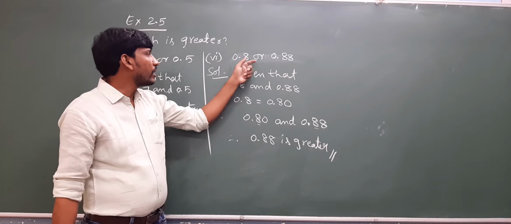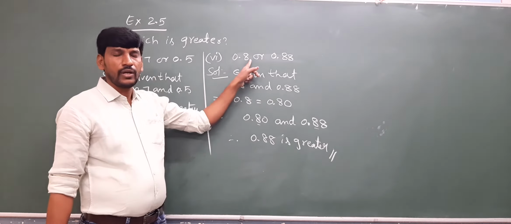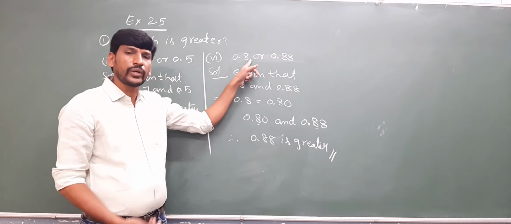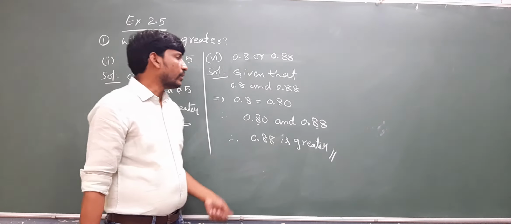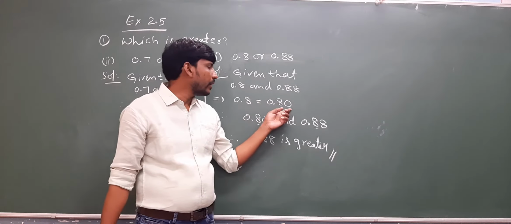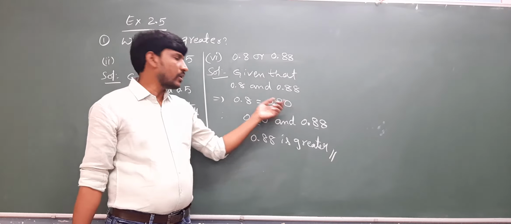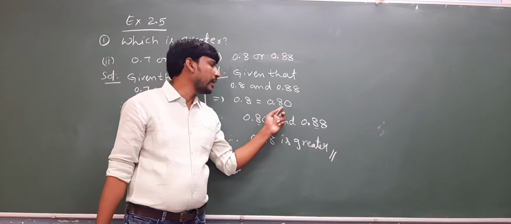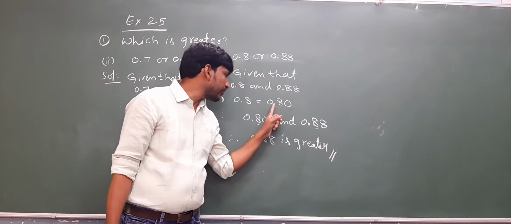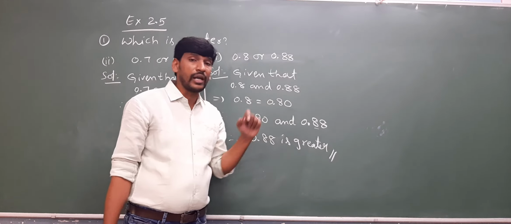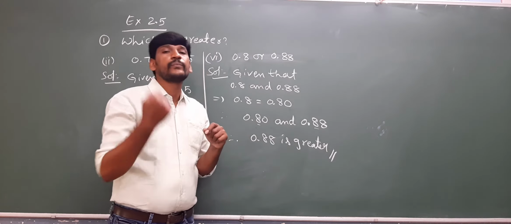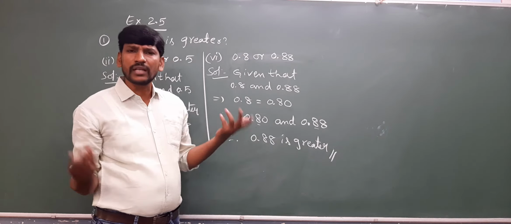I want one more place here. We did not keep 1, 2, 3. We should keep 0 only, because 0 does not have any value. That's why we are going to keep 0 here. So now 0.8 will become 0.80. Now see this here, after the decimal we have two places. Even though 0 does not have any value, we can count it as a place, because 0 into something is always 0 only.